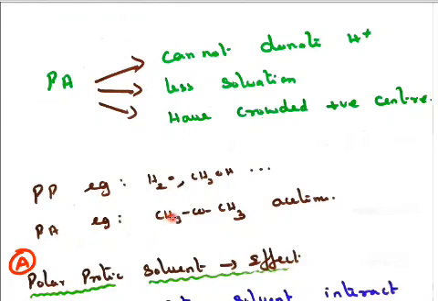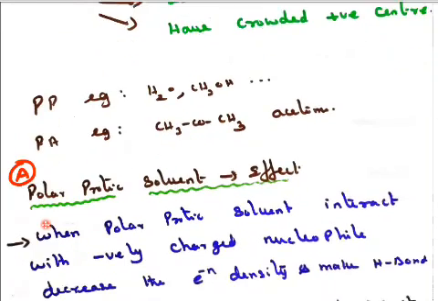But polar aprotic has a crowded shape. Here one CH3 and here CH3. So this is called a crowded center. Acetone is a good example. In this, the C=O does not contain any hydrogen to donate. But here this oxygen contains a hydrogen to donate. So donating a hydrogen is called polar protic, and not donating hydrogen is called polar aprotic.